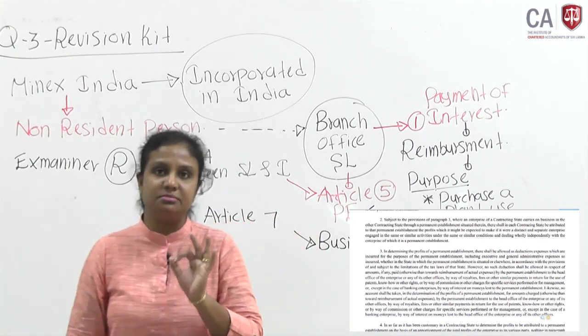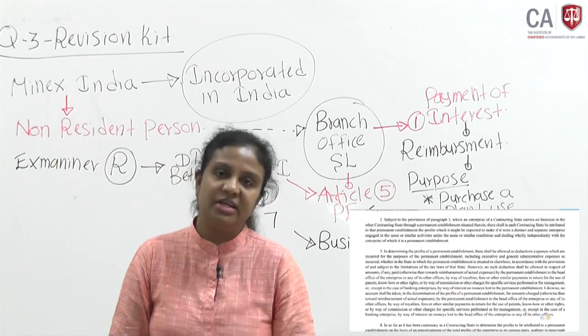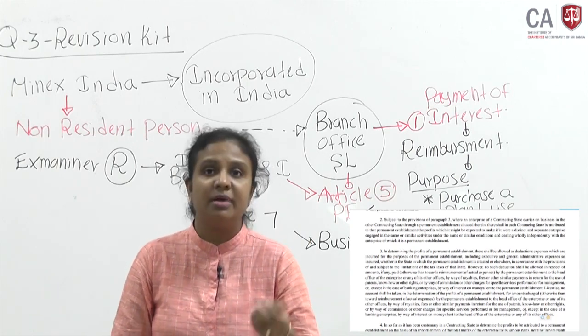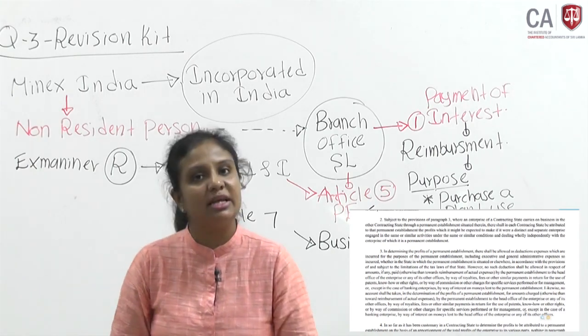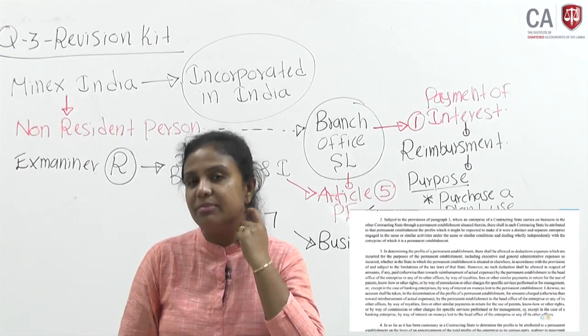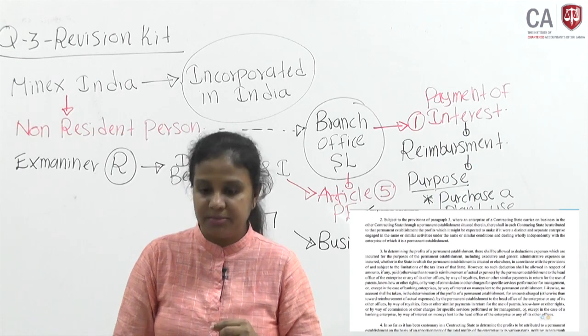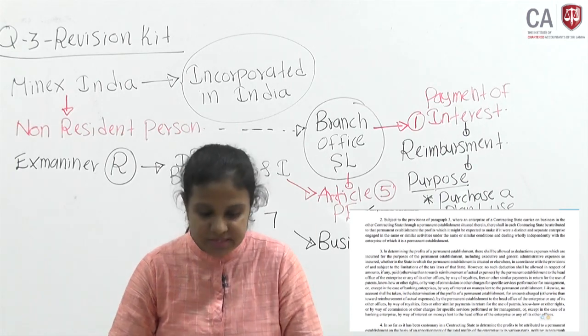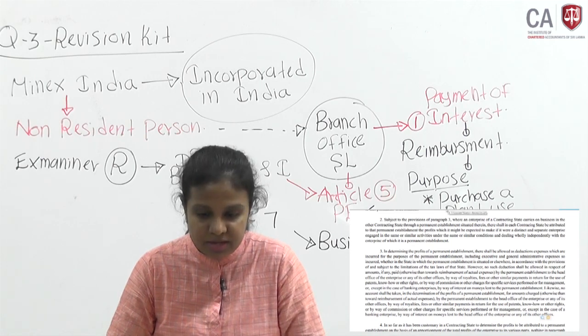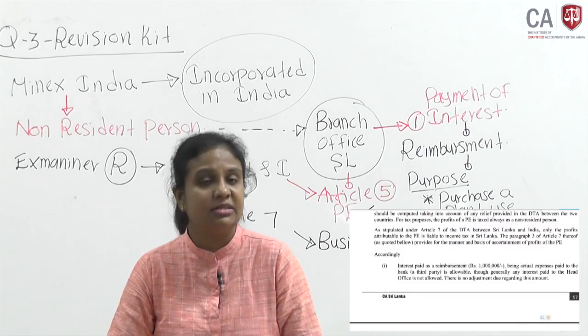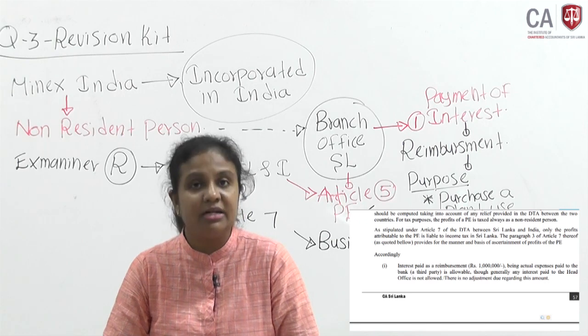See, in the business profit article, article 7, paragraph 3, it's very clearly mentioned, if it is actual expenditure which is relevant to the PE, we can deduct it. Under that ground, the first adjustment we can take as the allowable deduction.